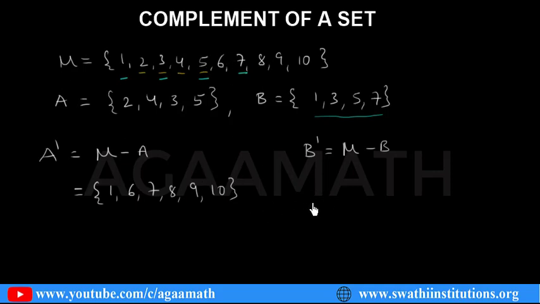So mu minus B, the universal set minus set B, is 2, 4, 6, 8, 9, 10. So this is about the complement of a set. Clear?